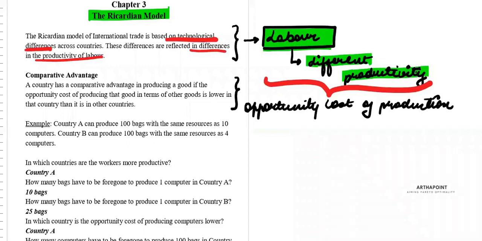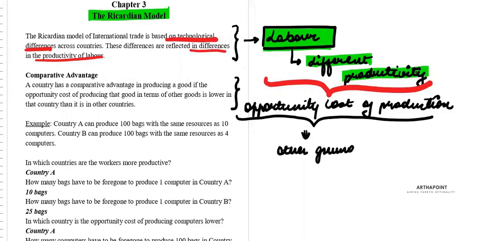What is opportunity cost of production? Opportunity cost of production is basically when you produce one product, how much of the other are you giving up? That is known as opportunity cost.